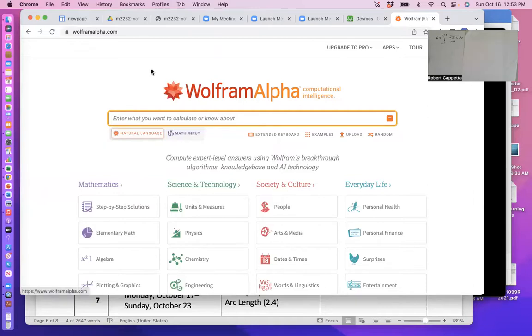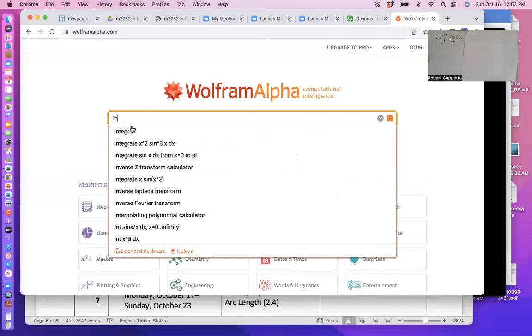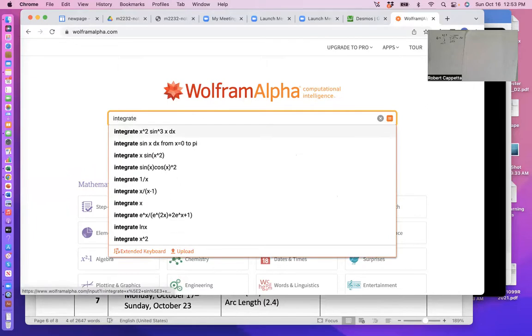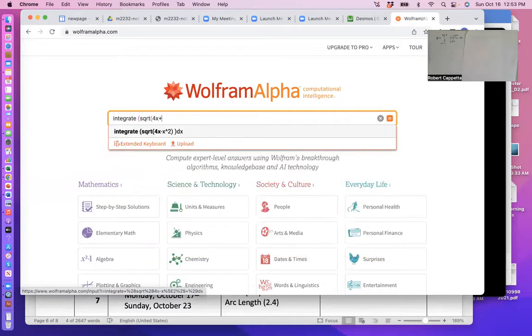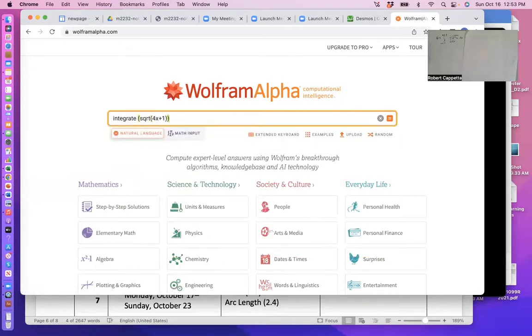So I want to integrate what? Integrate: upstairs is square root of 4x plus 1, divided by downstairs 2 times square root of x, times square root of x dx as x ranges from 0 to 4.